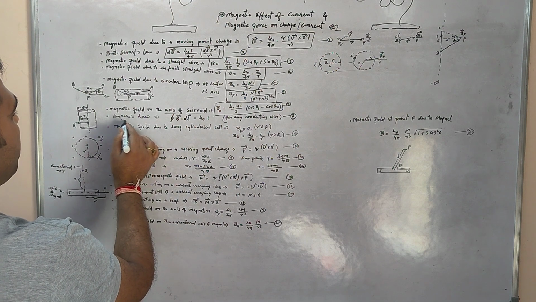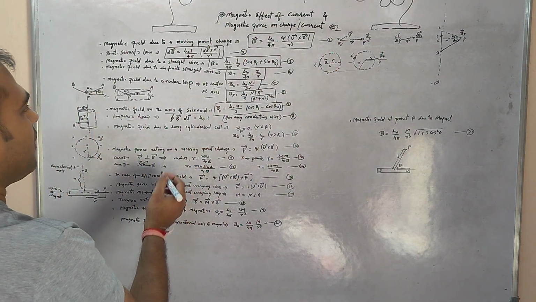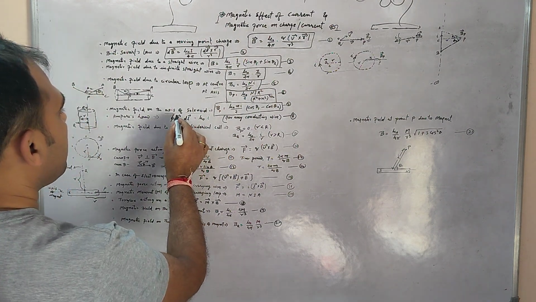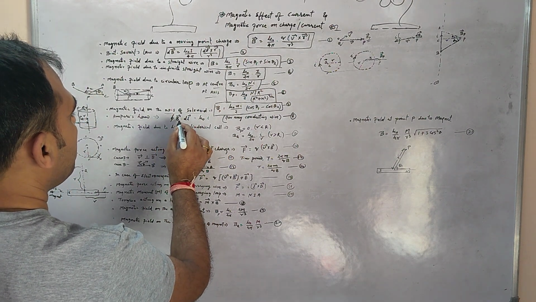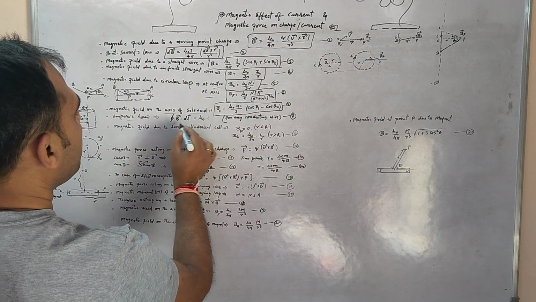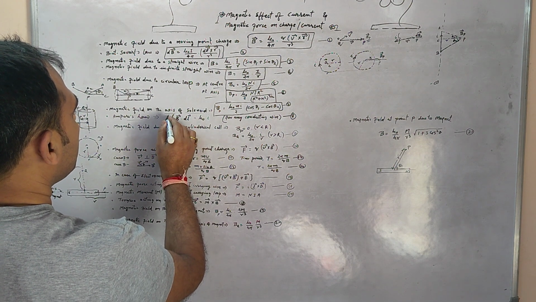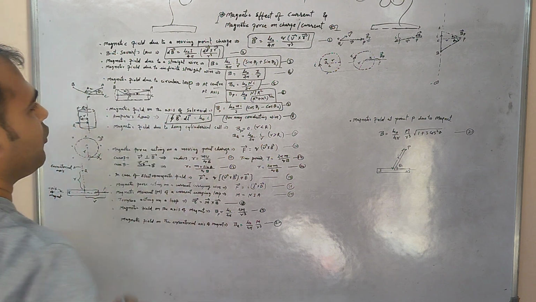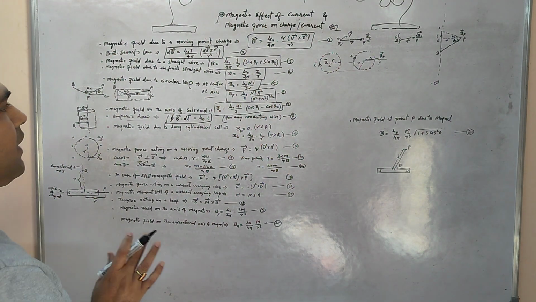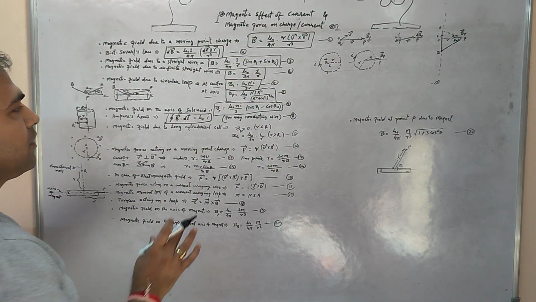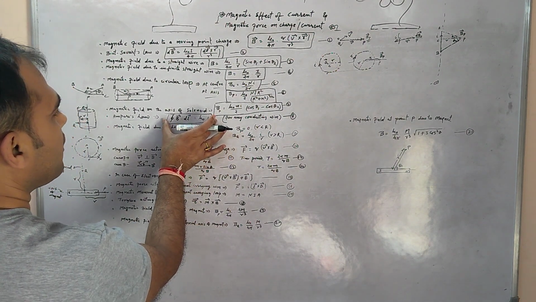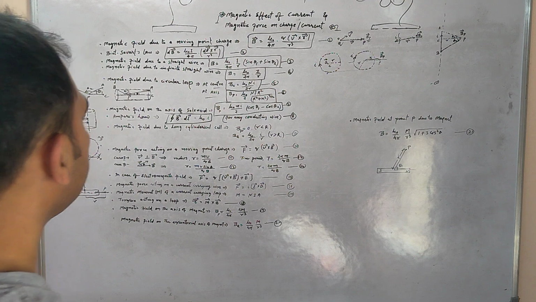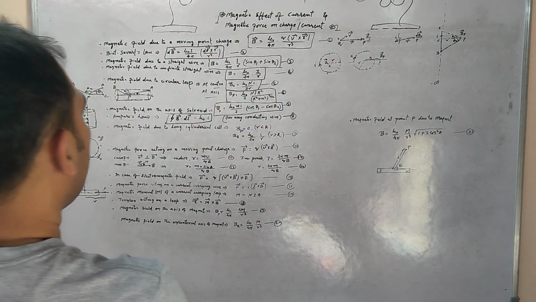Next, Ampere's law. Ampere's law is closed integral B dl will be equal to mu naught I for any conducting wire. This is applicable for any current carrying wire, irrespective of its shape.